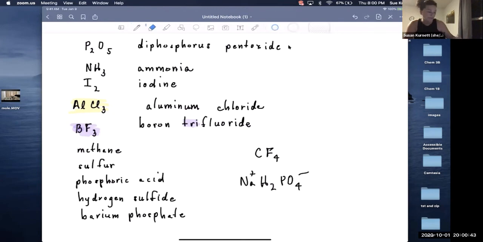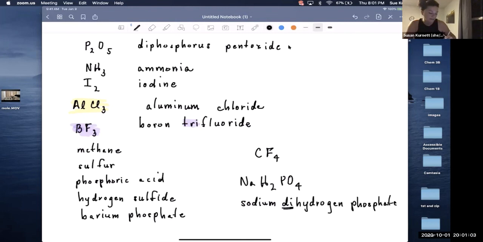Let me hide those charges. That would be sodium dihydrogen phosphate. So dihydrogen is one time when it's ionic that we do use a di. Typically, if it's ionic, we never use prefixes.